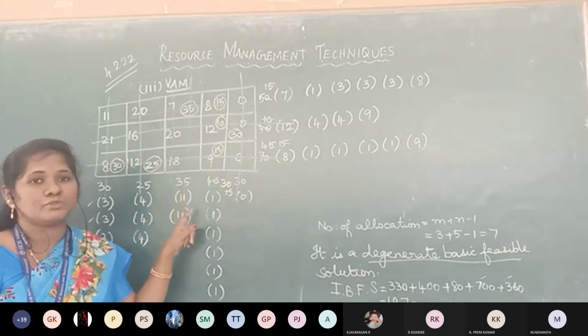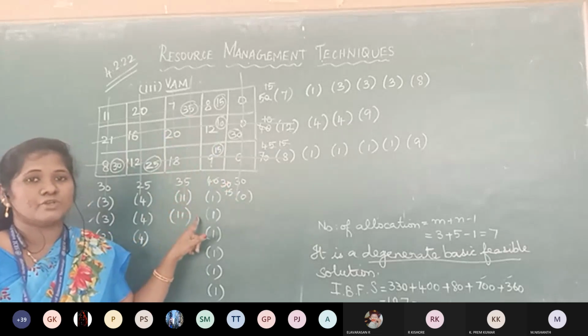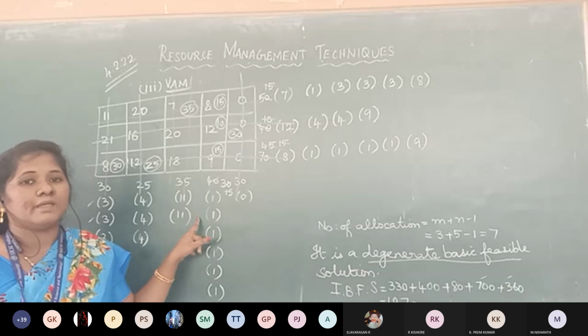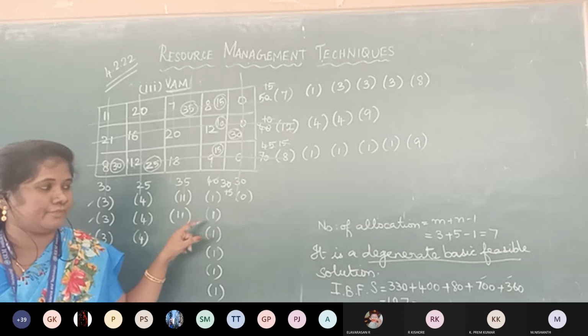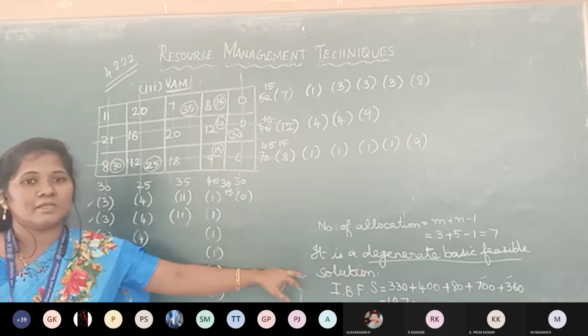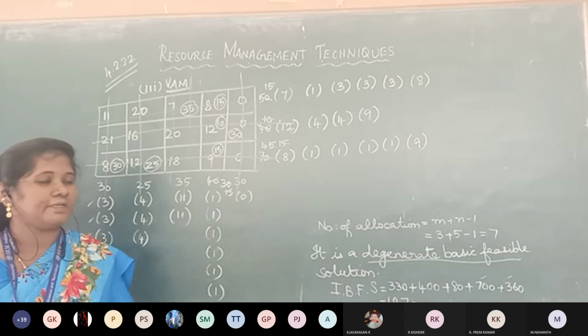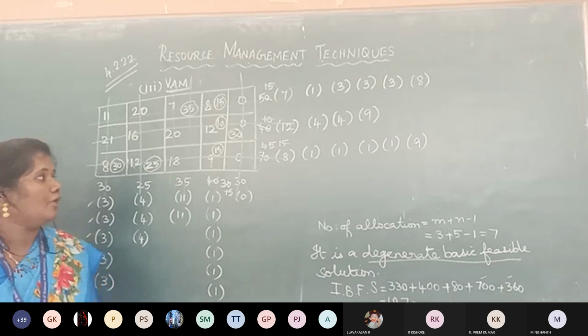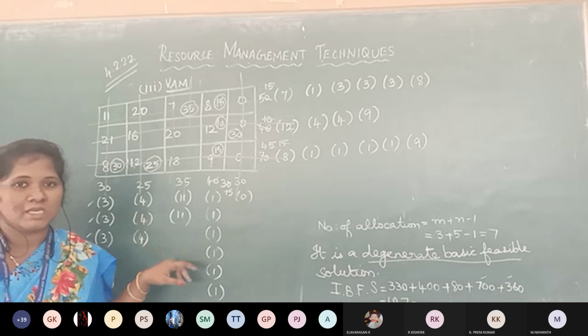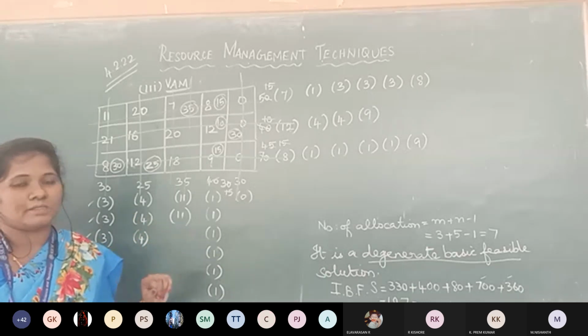If it is equal to your m plus n minus 1, then it is called a non-degenerate basic feasible solution. Okay, whereas here it was not equal, so it is called a degenerate basic feasible solution for your northwest corner method. For your VAM method, it is equal to your m plus n minus 1.